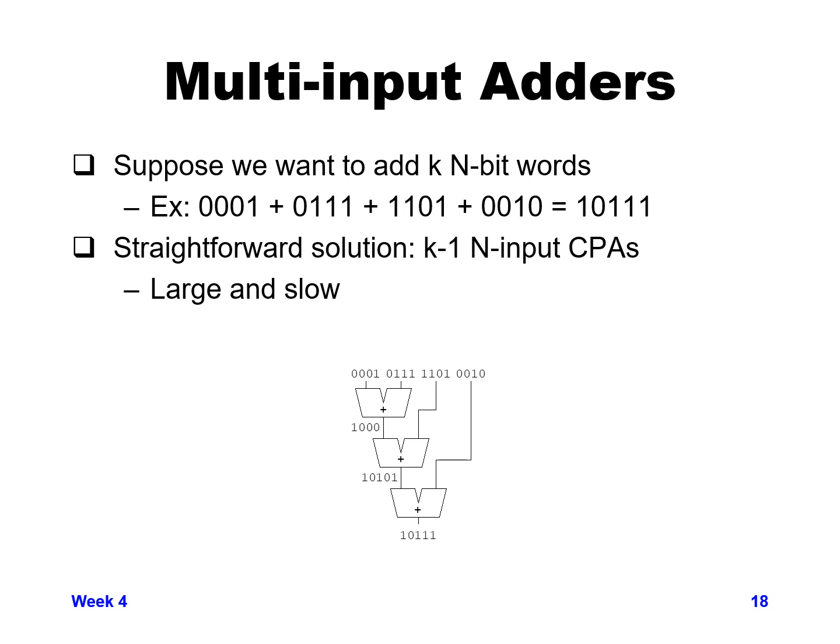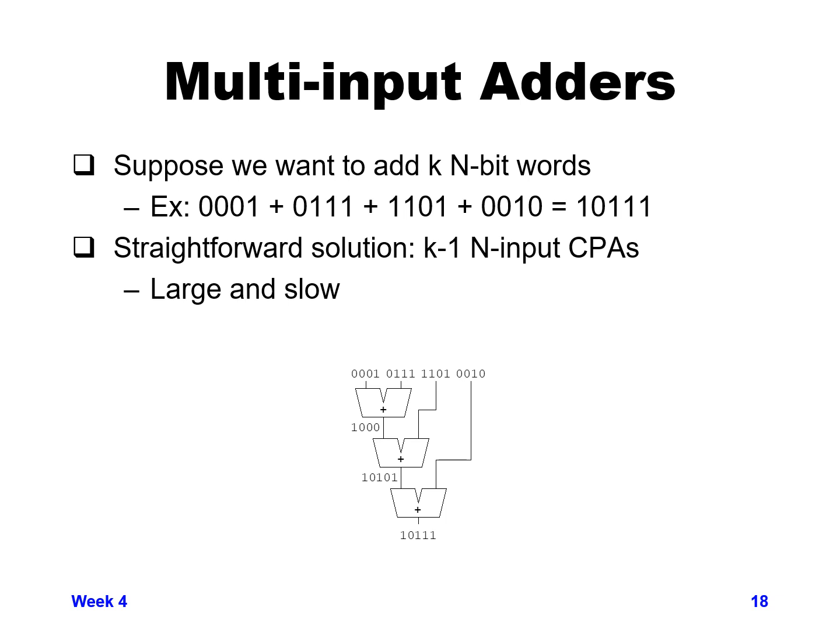So one straightforward solution, we can take k minus 1 4-bit adders and just use a first adder to add the first 2 numbers together. The resulting output is added to the third number using a second adder, and then its resulting output is added to the fourth number using a third adder.